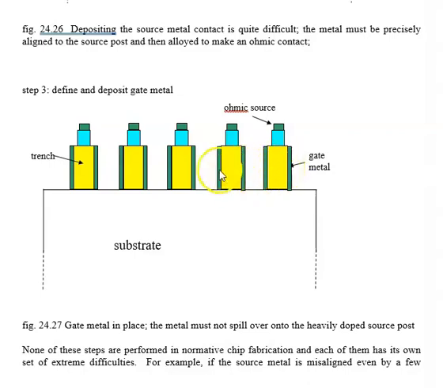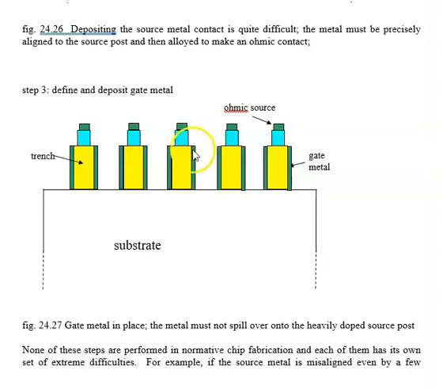the side of a 1 micron trench. The distance from here to here is about 1 micron. How in heaven's name do I put metal onto the side of this 1 micron structure without it spilling over onto this shoulder region?